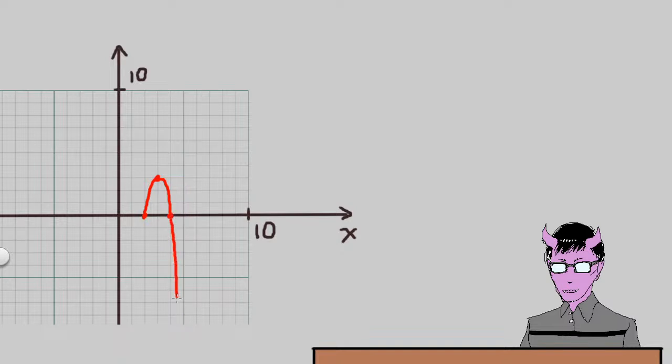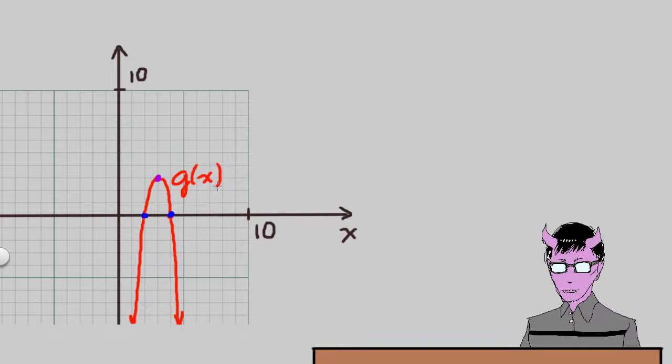Okay. So ambiguous. But for sure, for certain, I will give you this point, and this point, and that point. So we're going to name this function g of x.